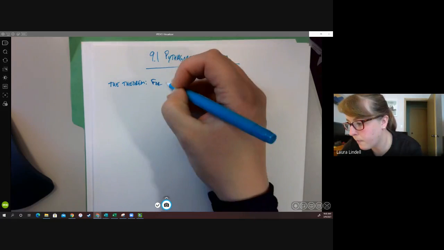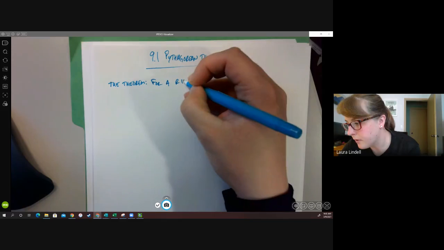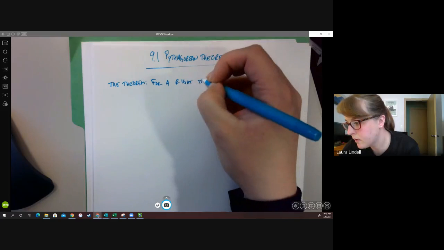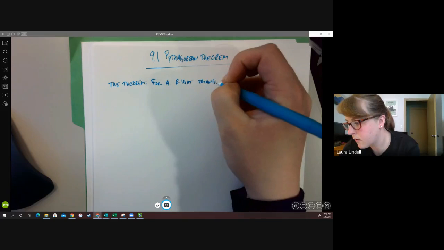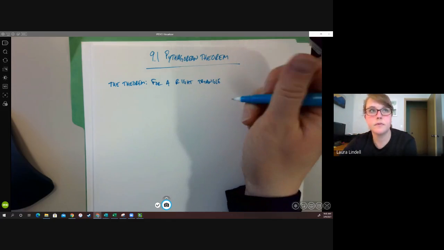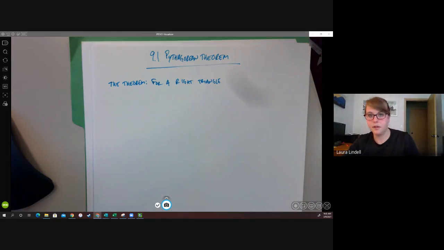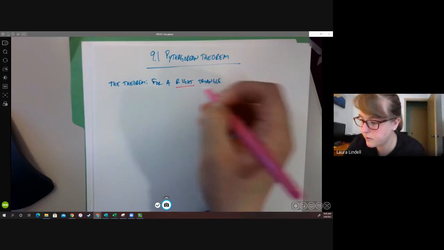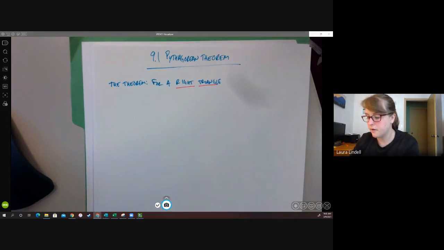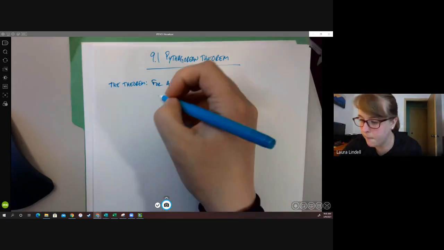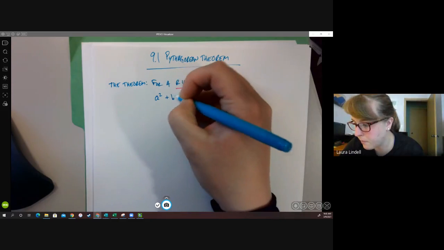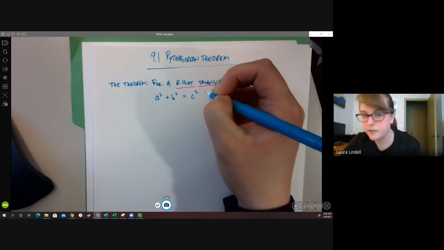So for a right triangle, because this only works for right triangles, we have this formula, a squared plus b squared equals c squared.